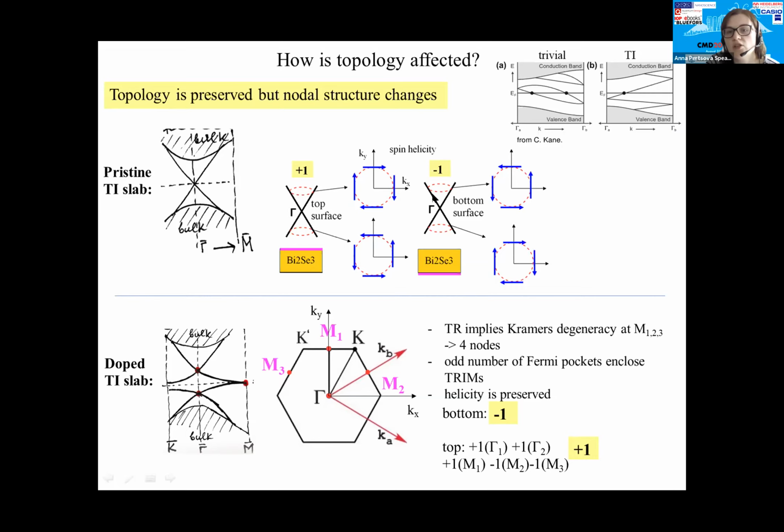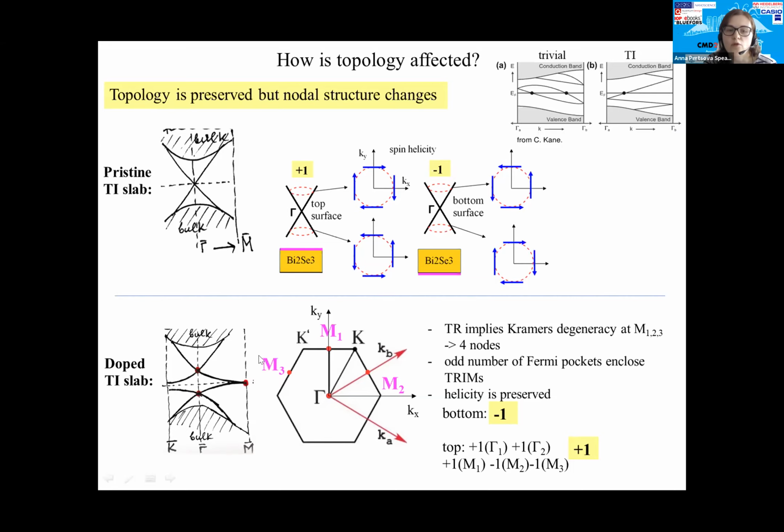For the bottom surface, the spin momentum locking direction is reversed. We can assign helicity -1. So in the pristine TI slab, the freestanding slab, which has top and bottom surfaces, we have helicity +1 on the top and -1 on the bottom.